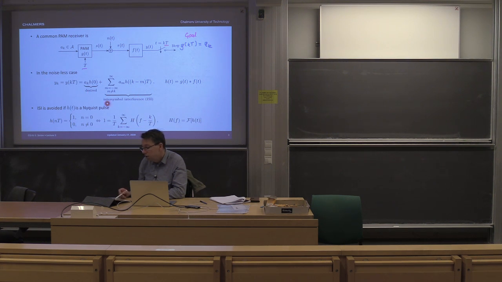This undesired term we call intersymbol interference. This function h here is the convolution of the transmit pulse and the impulse response of the receiver. So we have some control over h here. We can design g and f together such that its convolution has the desired properties. That's our design choice.